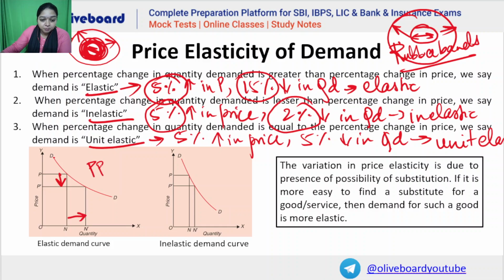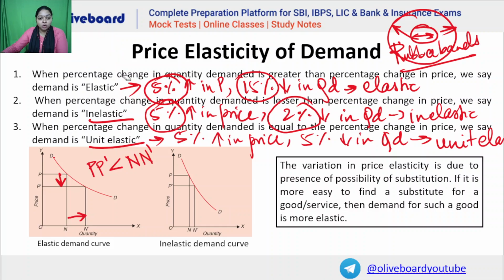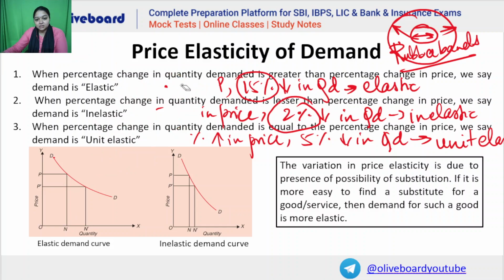This P to P dash is lesser than this N to N dash. That's why it is an elastic curve. You can also see the elastic demand curve is flatter. You can write down the point if you want: elastic demand curves become more horizontal, tending to be more parallel to the x-axis than the inelastic demand curve.